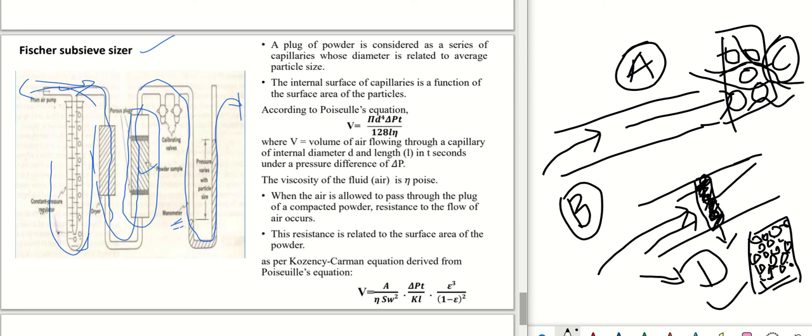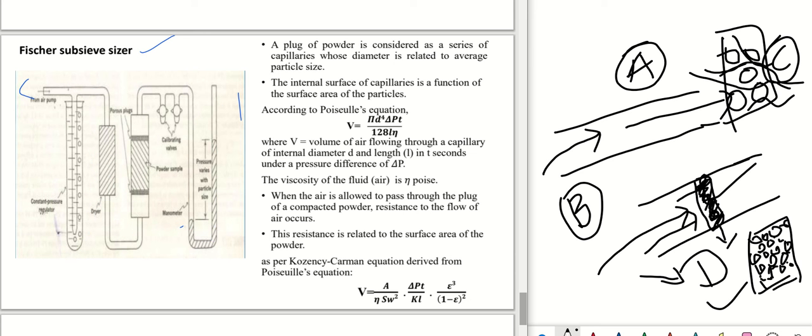Let's see how this actually works. When a gas is sent, it travels through the sample holder, and then like this it will travel and then it gets exited, right?